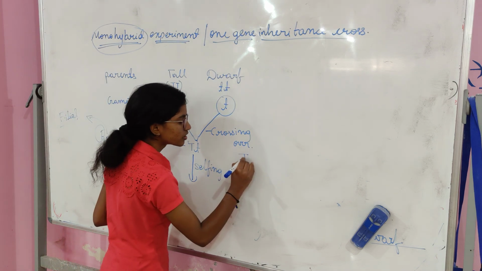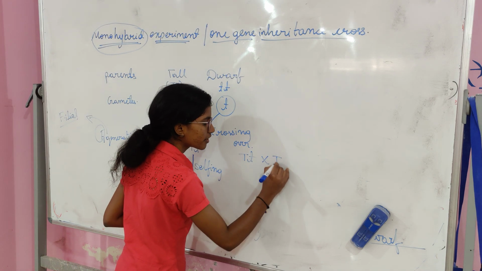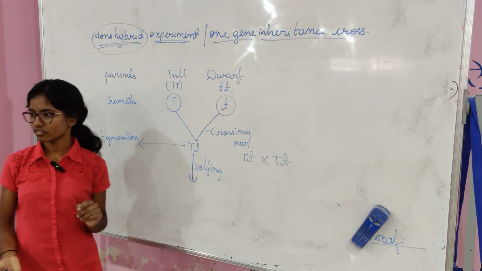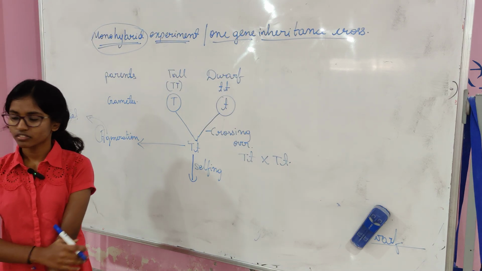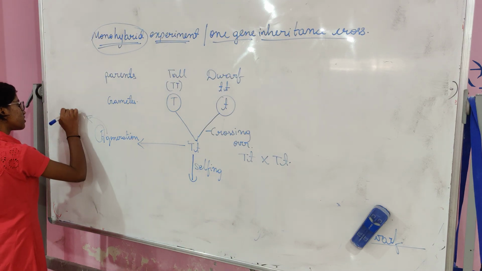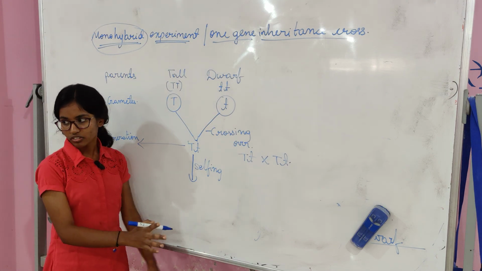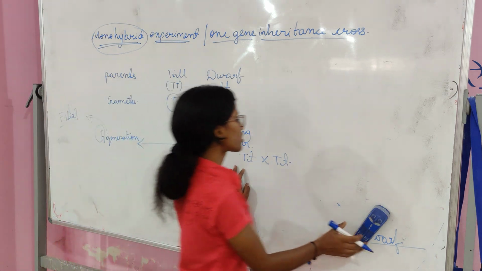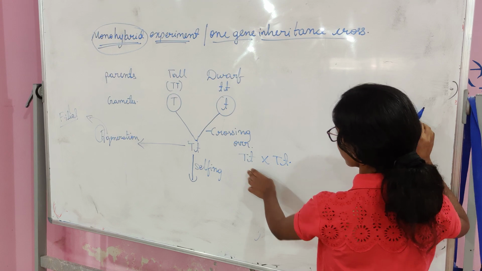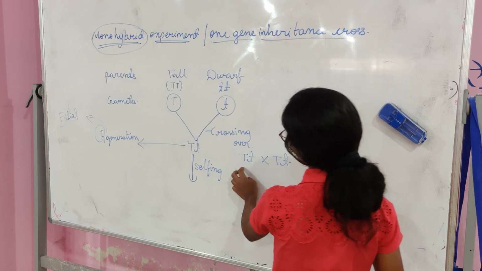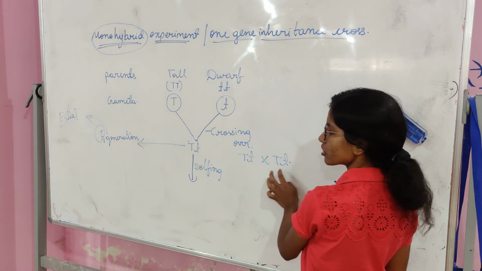Selfing of T t and T t. So you'll get this one: capital T into small t, capital T into small t.